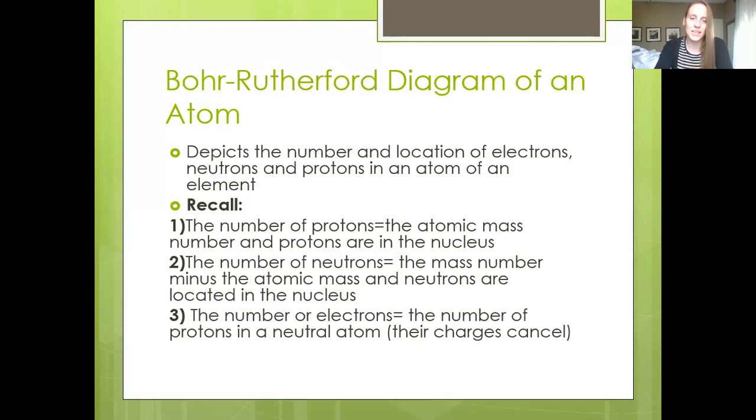The number of neutrons is the mass minus the atomic number. And then the electrons are equal to the number of protons, so equal to the atomic number, as long as the atom is neutral. And we'll talk about non-neutral atoms later on.